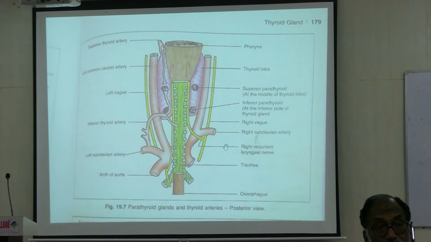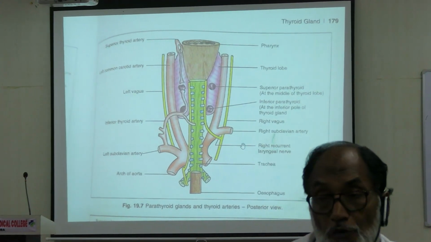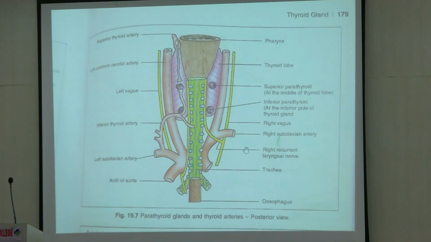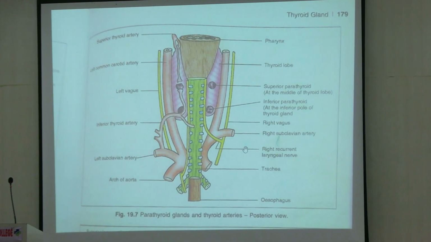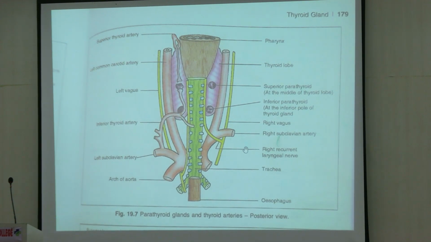It is coming from which artery? Here you see the superior thyroid artery has divided into two branches. One is going anteriorly and one is going posteriorly and downwards.